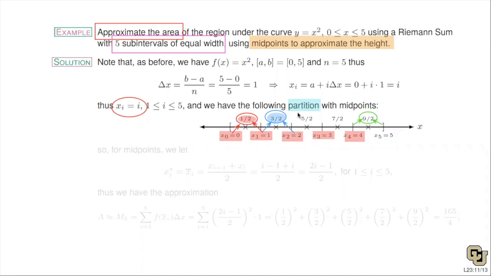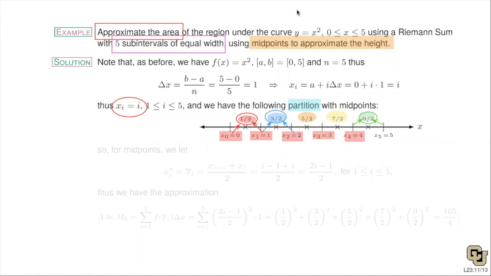Then I'm going to do f of 5/2 times delta x, f of 7/2 times delta x, and then finally f of 9/2 times delta x. I'm not going to use all that sigma notation mumbo jumbo here for the approximate the area problem. I don't need to. It's more machinery than necessary.